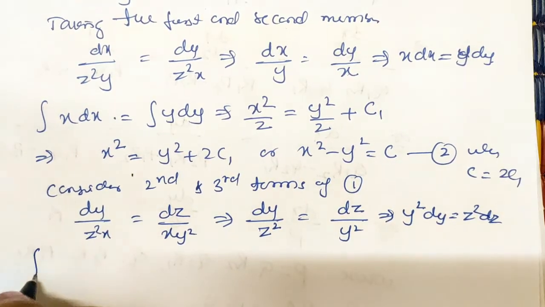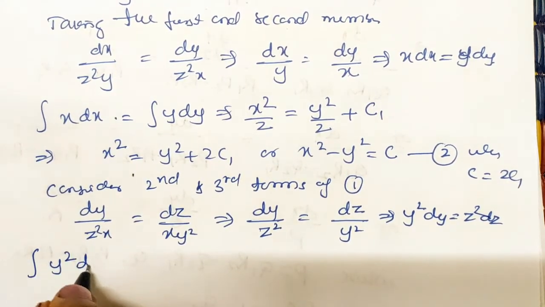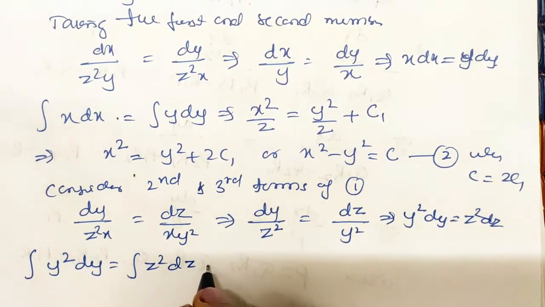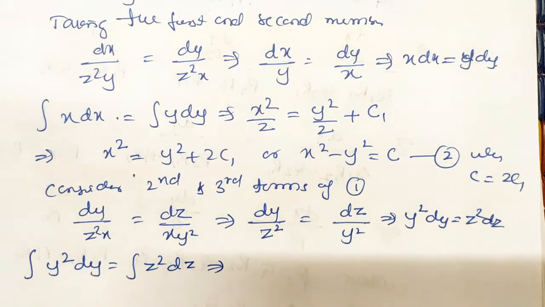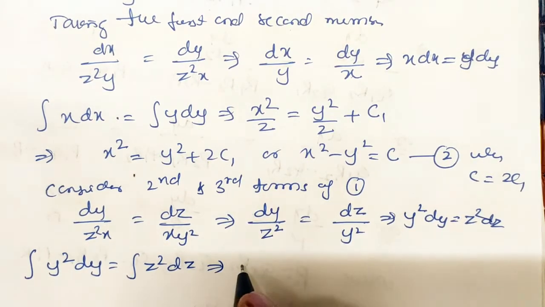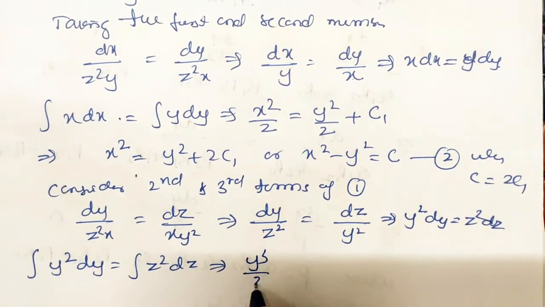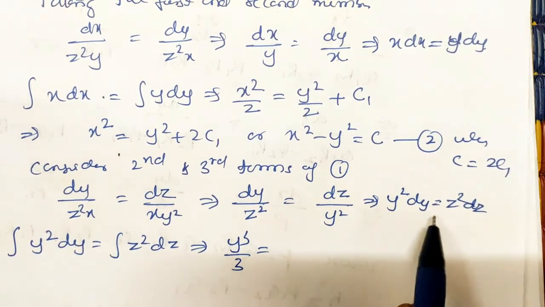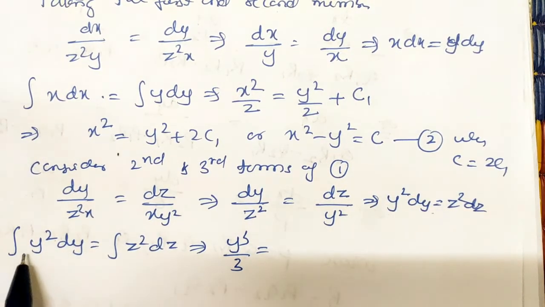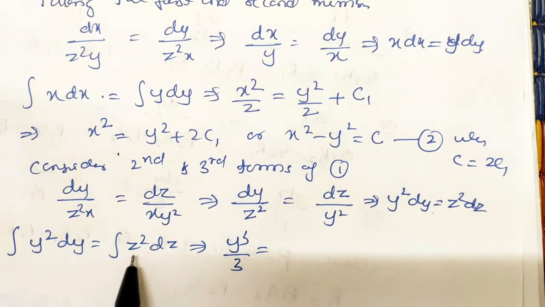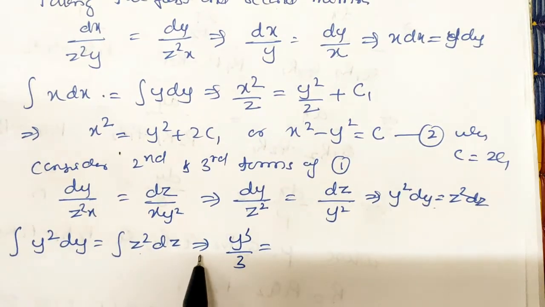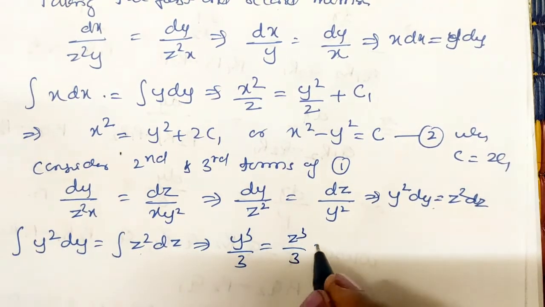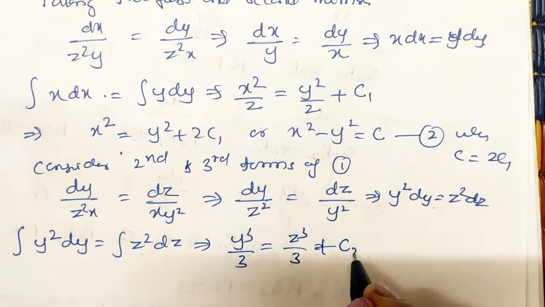Now the variables are separated, then we can integrate this one. Integration of y square dy is equals to integration of z square dz. Integrating, we have y cube divided by 3 is equals to z cube divided by 3 plus the constant of integration c2.